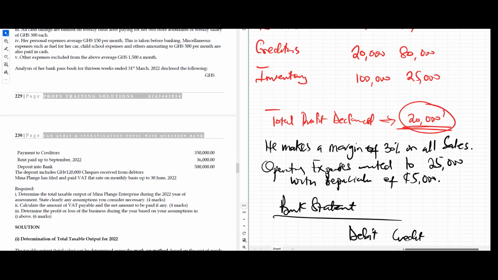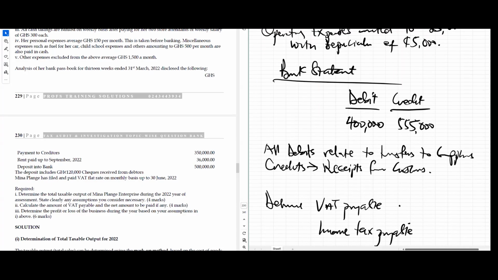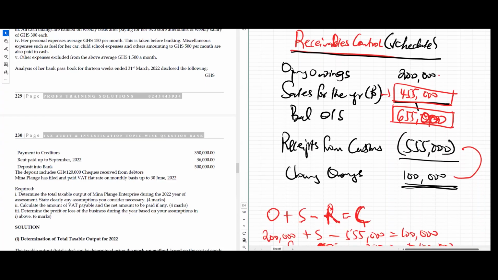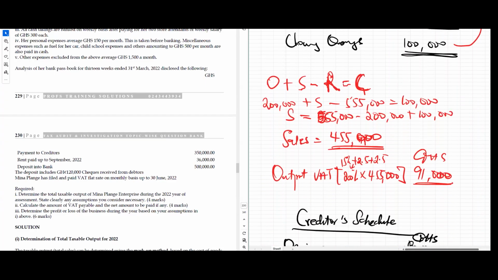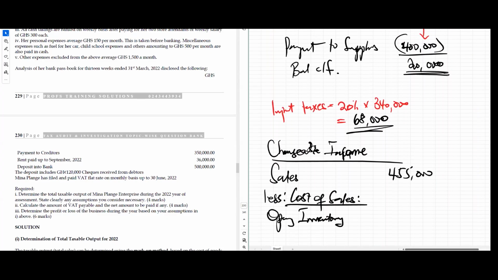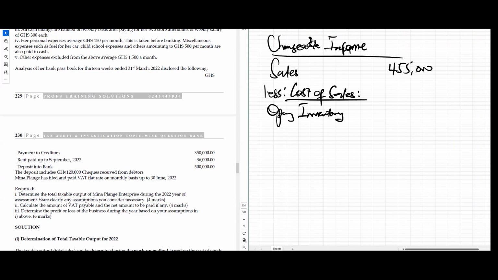Do you get it? So based on that, we are going to apply whatever we have learned. We have opening inventory to be 25,000, right?